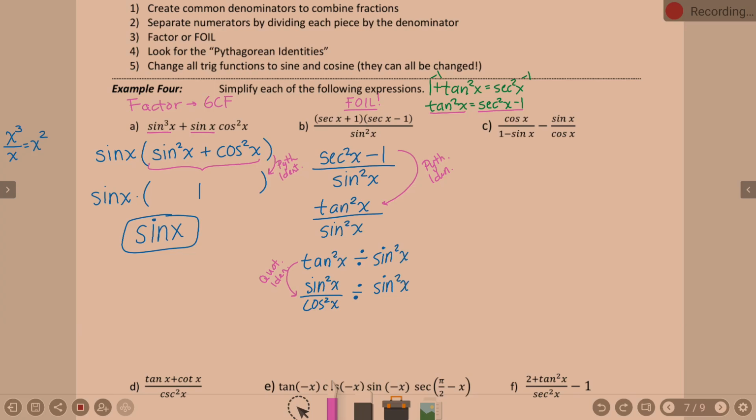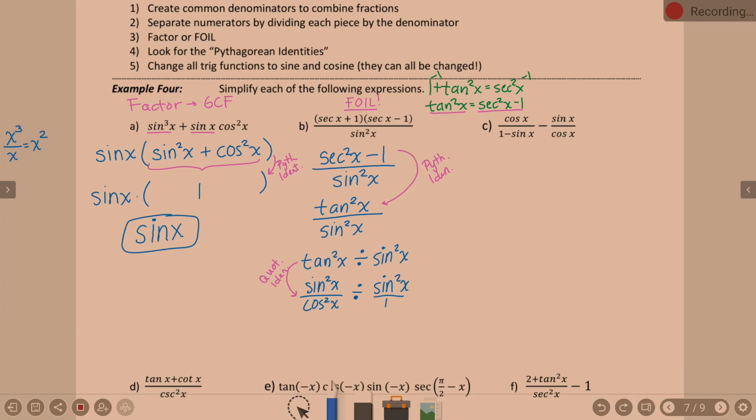So you're officially multiplying by 1 over sine squared x. So sine squared x we cancel out. It's going to be cosine squared x. Or no, it would be 1. So I wrote it like this so you could see, if we think of sine squared x over 1, this is a fraction divided by a fraction, right?